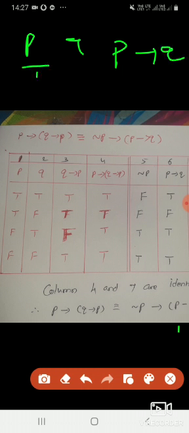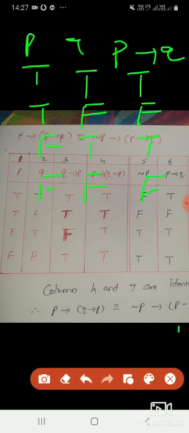True to true is true, true to false is false, false to true is true, and false to false is true. It is the basic table, and this table only we are going to use everywhere.